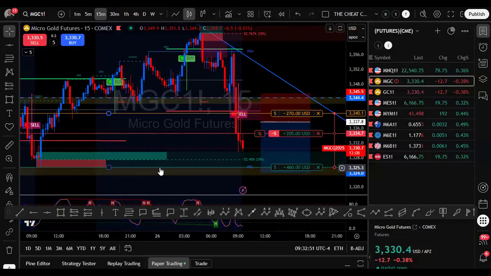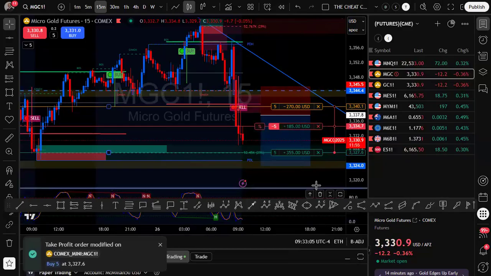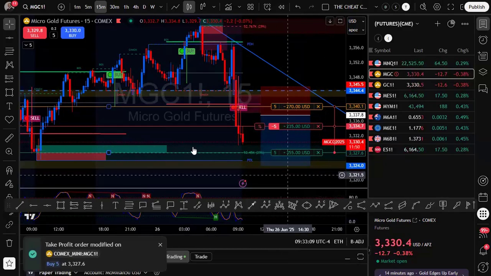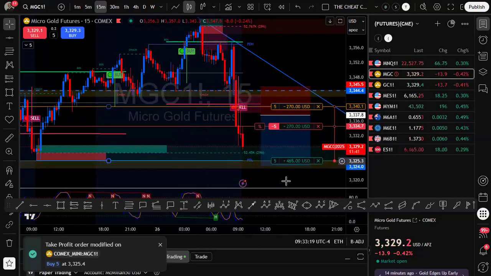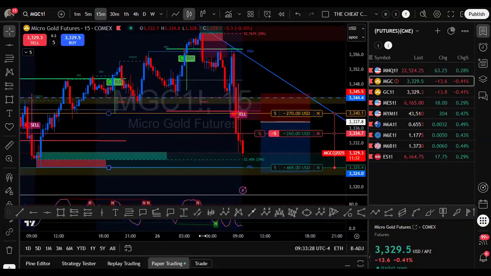Let's TP target this liquidity pool here. Almost $300 in profit.